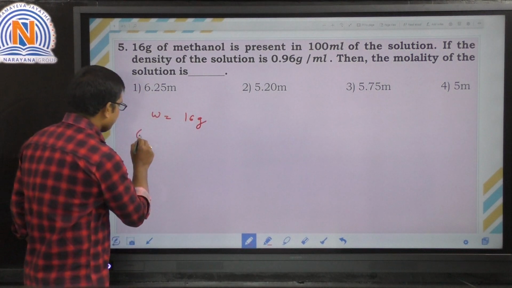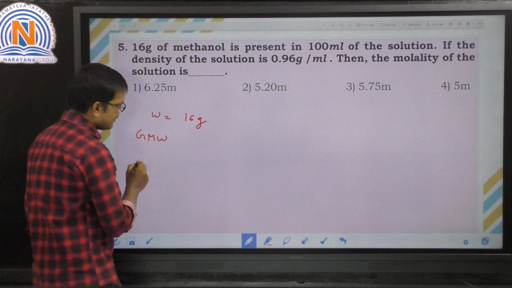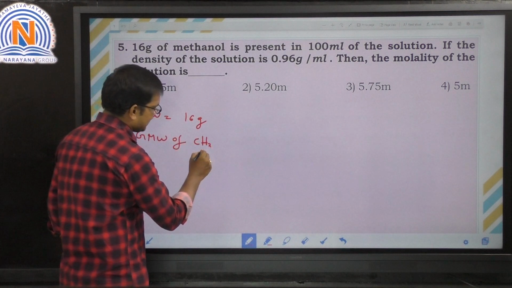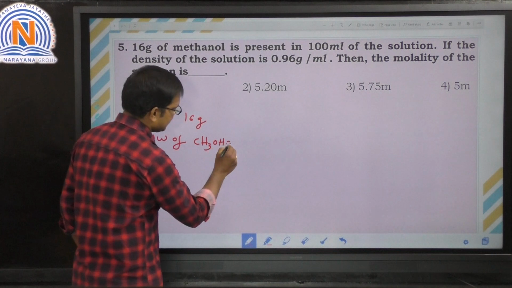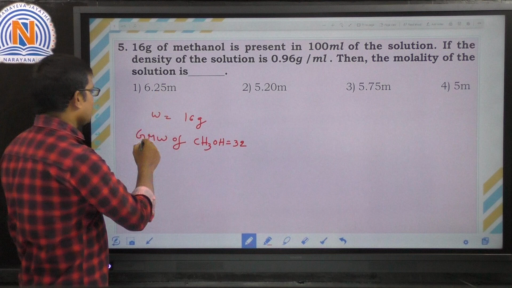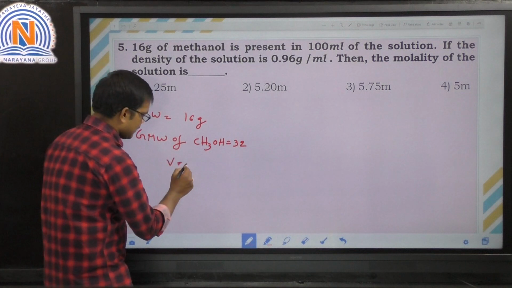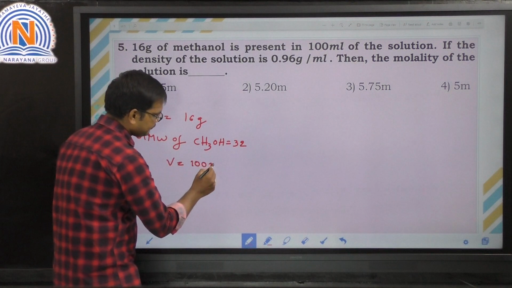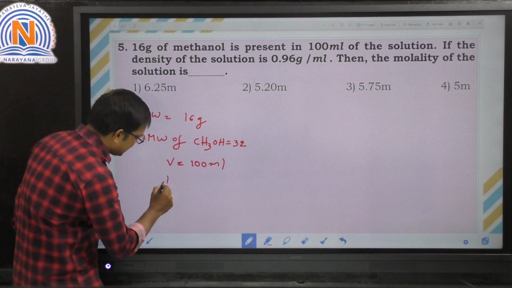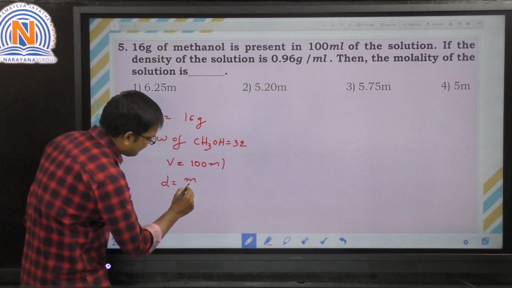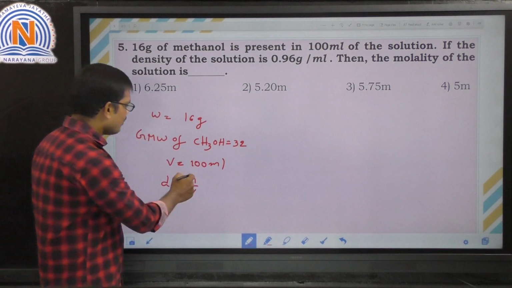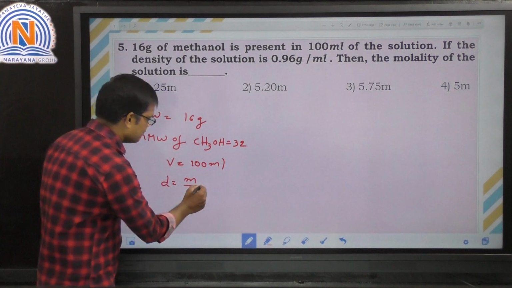Gram molecular weight of methanol, formula CH3OH, is 32 grams. It is present in a volume of 100 ml, and density is also given. What is density? Density equal to mass by volume. Density of the solution is equal to mass of the solution by volume.